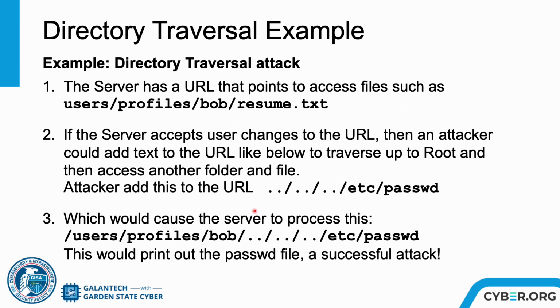So the attacker would add this to the URL, which would cause the server to process this. And believe it or not, granted, the password file doesn't hold actual passwords, but it would give us the list of users. And it is possible that it would also work to read the shadow file if our changed URL is accepted as a system request.